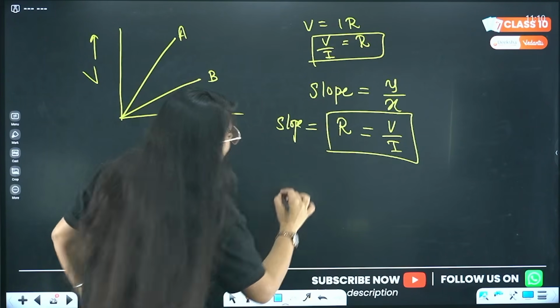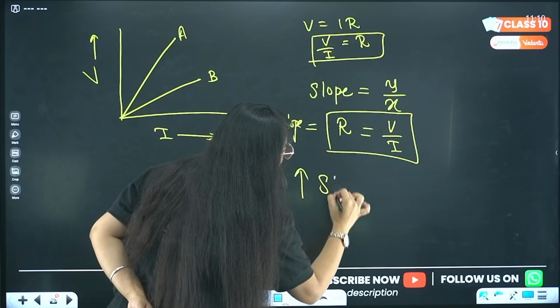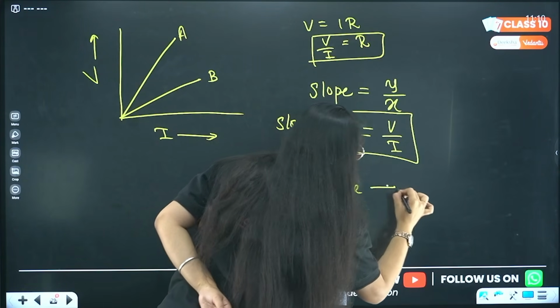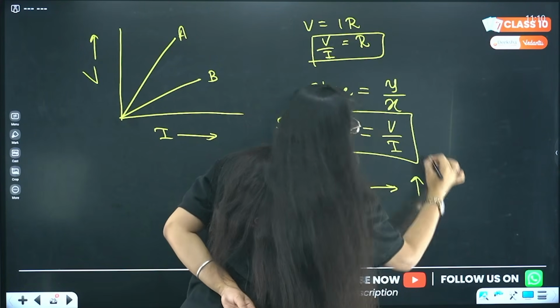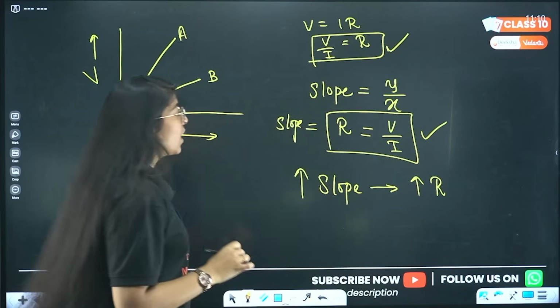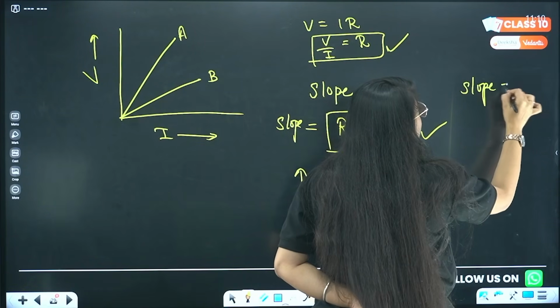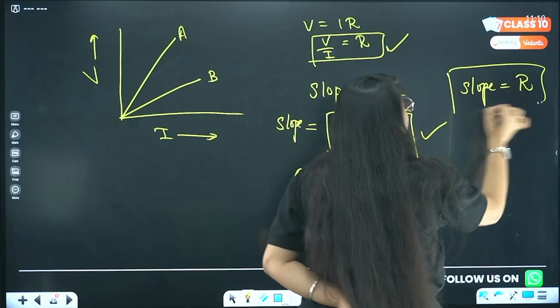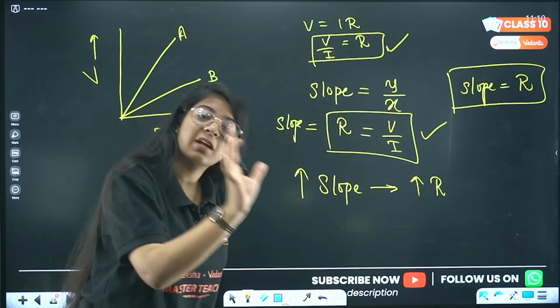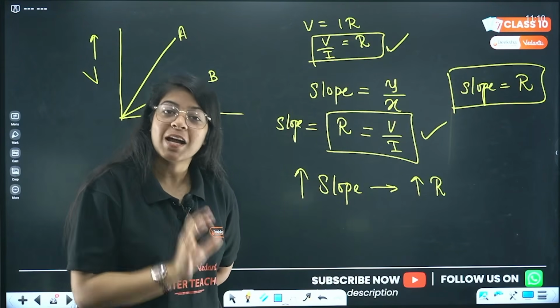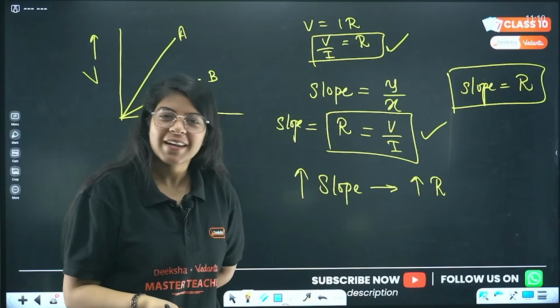That means the more the slope, the more will be the resistance. Right? These two are same, correct? So, slope is equal to R. Slope of this graph is equal to R. Correct? That means if the slope of a particular graph is more, the resistance of that particular graph is also more. Right?